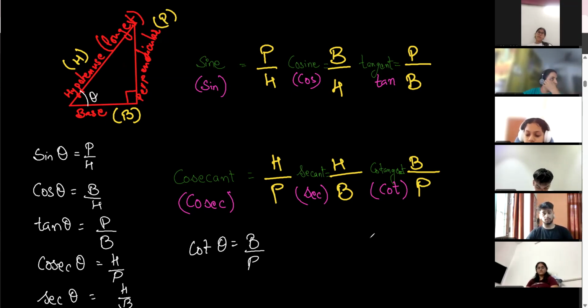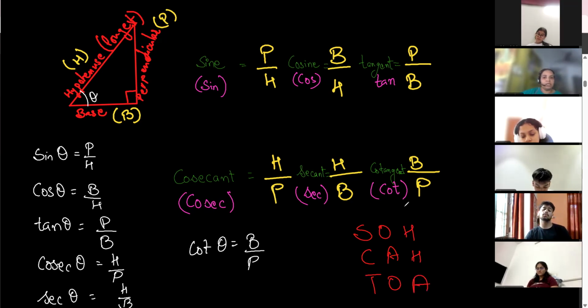What is that? That is SOH CAH TOA. This reduces the chances of mistake. So sine is opposite by hypotenuse, cos is adjacent by hypotenuse, and tan is opposite by adjacent.